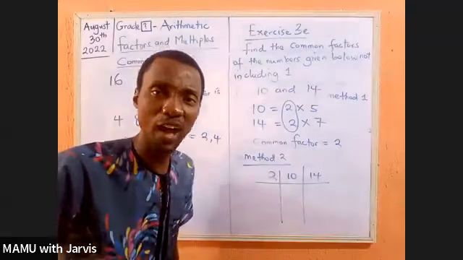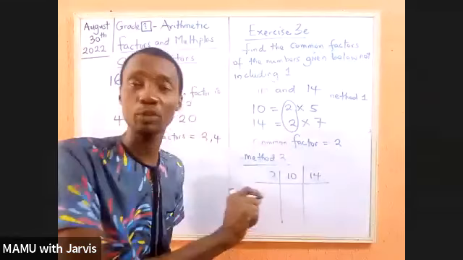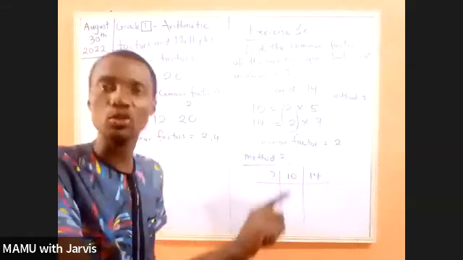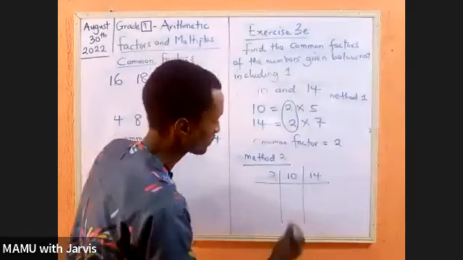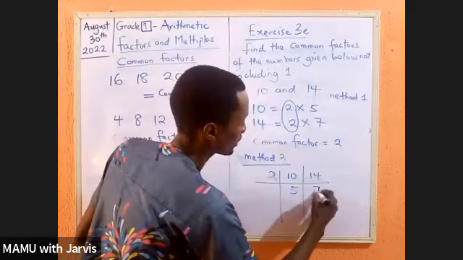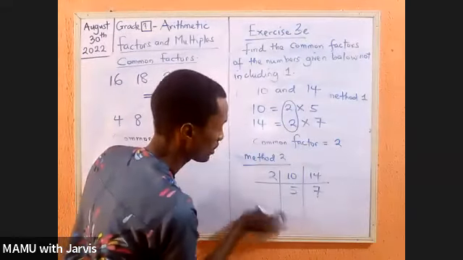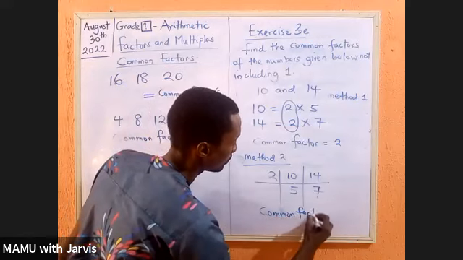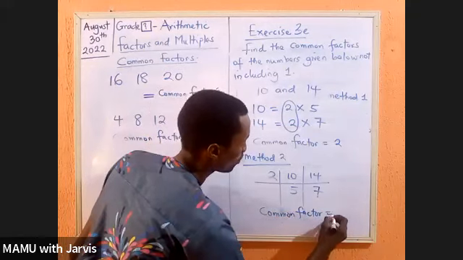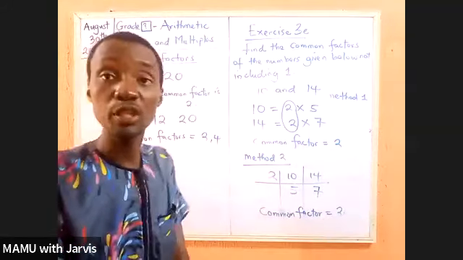When dealing with common factors, the factor rather you must pick, or the prime factor you must pick must divide both this and this. Right? So this will be 5 and this will be 7. If you compare, there's nothing else that can happen. So I'll just simply say what? Common factor will be equal to what? 2.